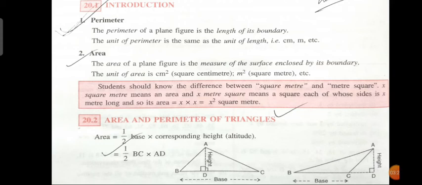In the figure, ABC is a triangle and AD is the perpendicular drawn, that is the height, and the base is BC. So from the figure, area is half into BC into AD. Similarly for the second figure also. The area of a triangle is half into base into altitude. That is the standard equation to find the area of a triangle, so this equation should be studied.